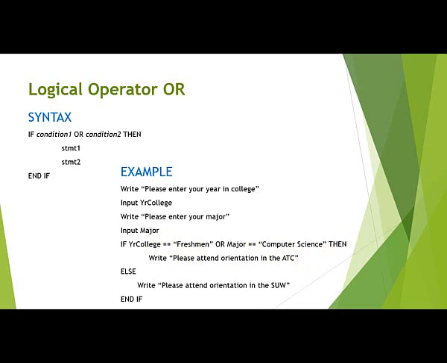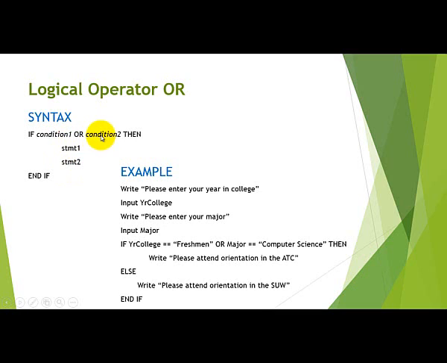My next one is my or. In my or operator, you'll see we have almost the exact same syntax, except my logical operator is or. So if my condition 1 is true or my condition 2 is true, what it's saying here is that if my condition 1 is true, it will execute this.